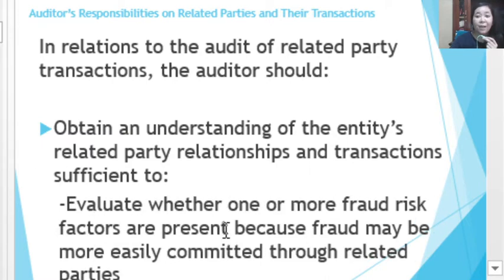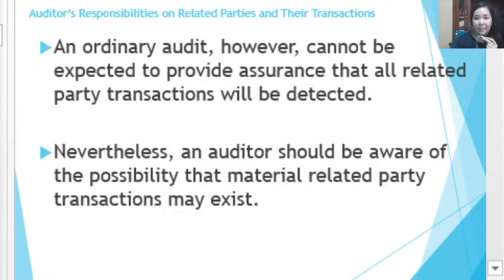Another is to evaluate whether one or more fraud risk factors are present, because fraud may be more easily committed in these types of transactions. In this case they might not charge any price, and because of that there might be some anomalies in the transactions between the related parties.